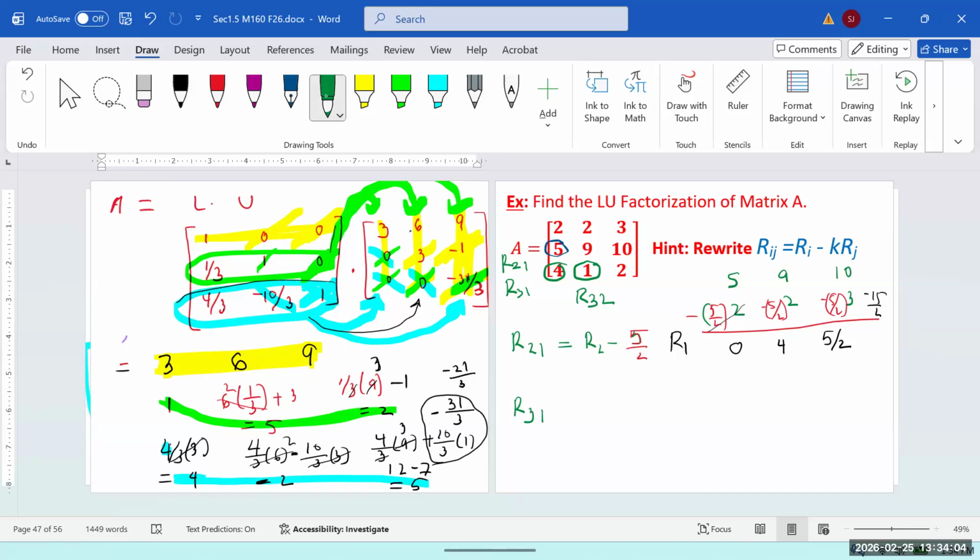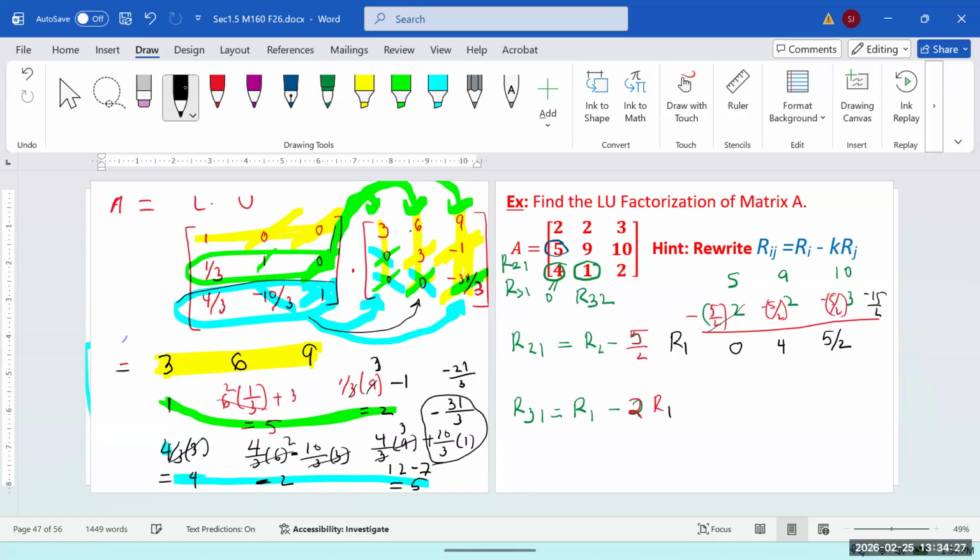Changing row 3 minus row 1 means changing 4 into 0. Any other volunteer? Okay, Crystal, go ahead. Okay, so I did row 3 minus 2 times row 1.